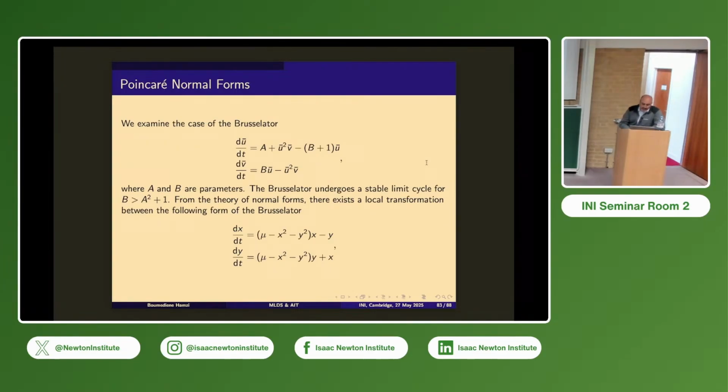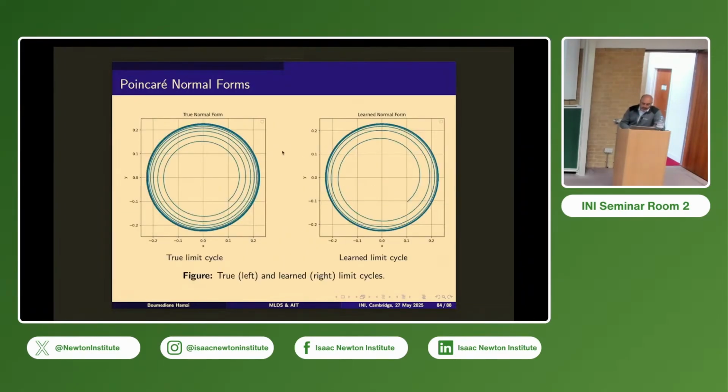So we applied it to a simple example here, which is a Brusselator that has a Hopf bifurcation. And you see, we have the true normal form. When we are dealing with dynamics, the key is not only to learn the solution, but also to learn the qualitative behavior. And here you see we are learning the limit cycle.